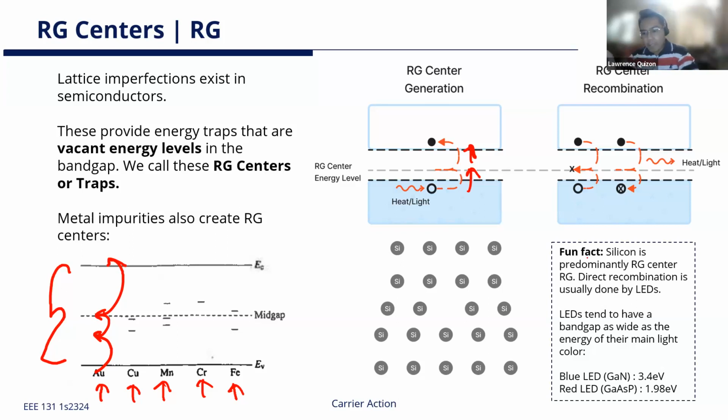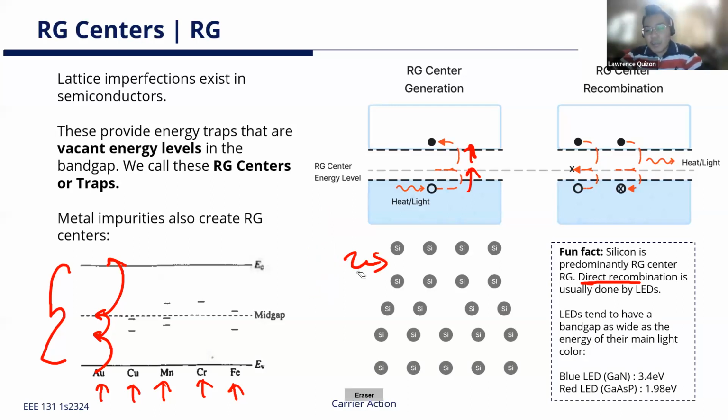Extra trivia, direct recombination is usually done by LEDs, light emitting diodes. This is usually the symbol for that. There is light coming out.